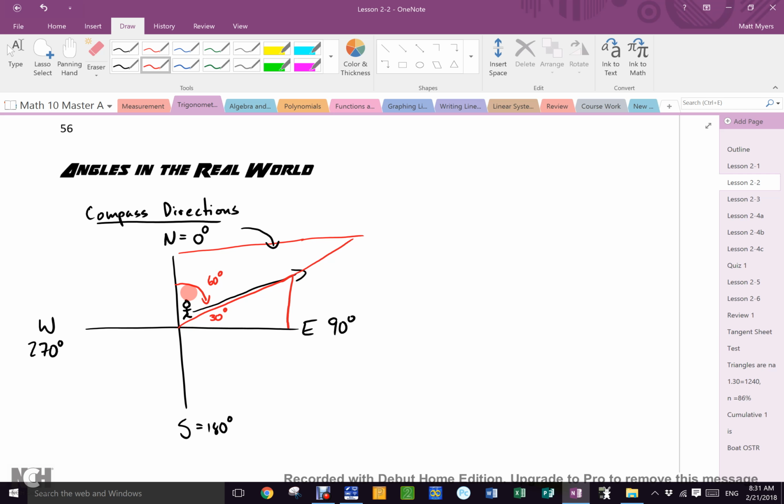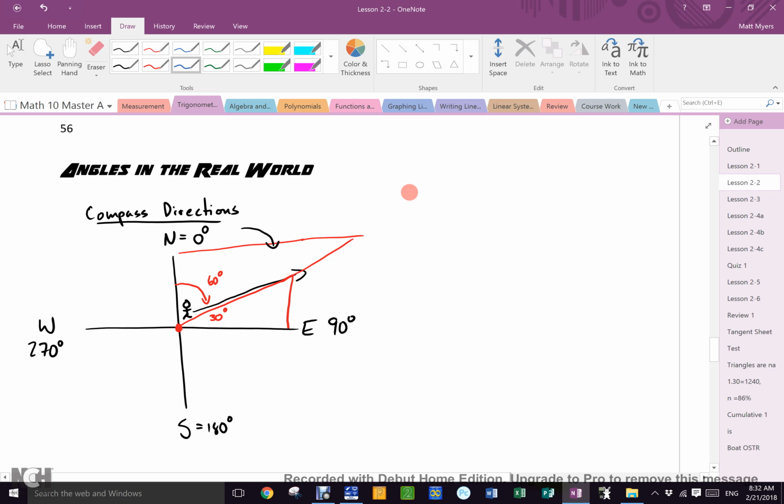I would like to walk from center, because you always have to start in center. I'm going to walk at a heading of 290 degrees. Draw a line at 290 and then make two triangles that I could do trig with if I wanted to.